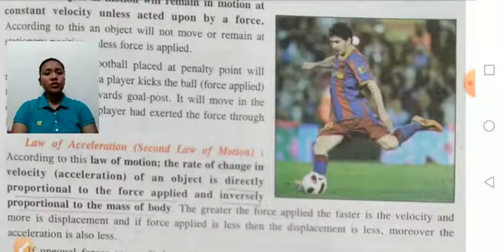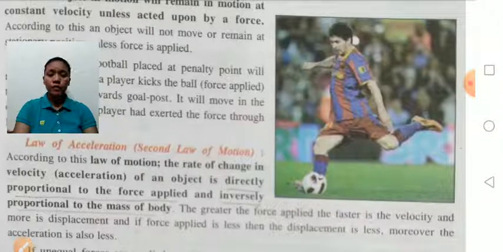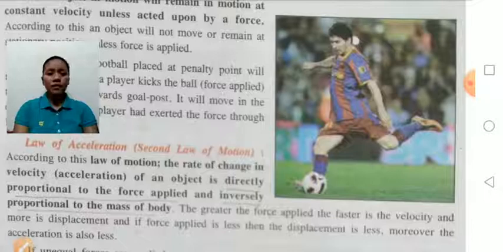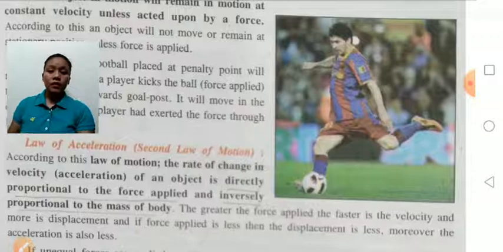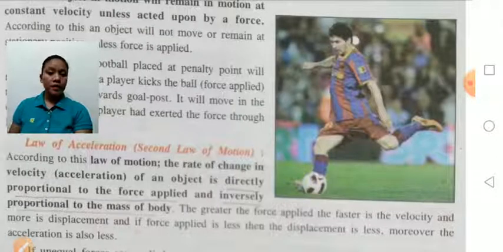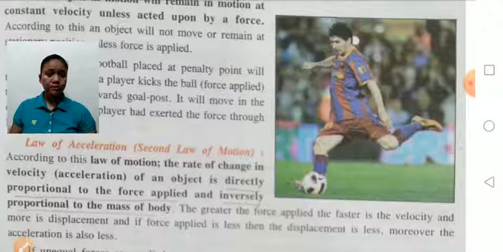Means the change in motion of an object is directly proportional to the force. If more force is applied, there will be more velocity of the object, and it is inversely proportional to the mass. If the weight of the object is heavy, then more force is required.